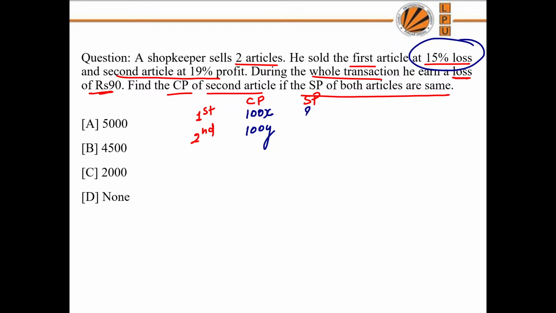So SP of this article would be 85x. Isn't it? And SP of second would be 119y. Sorry, y. It should be y.